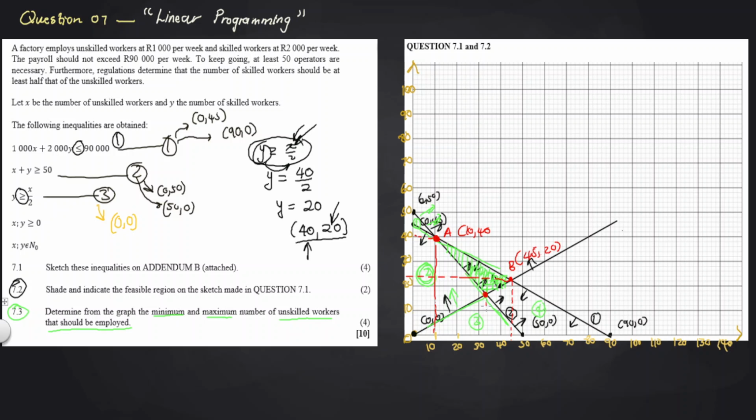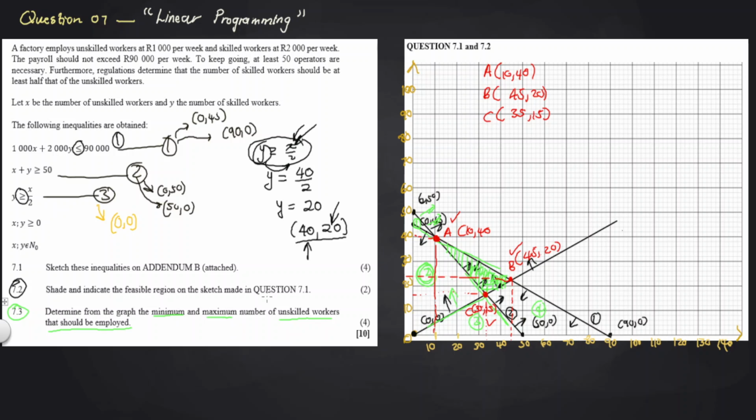And then C should be 35 and 15. So now my coordinates: A is 10 and 40, B is 45 and 20, and C is 35 and 15.